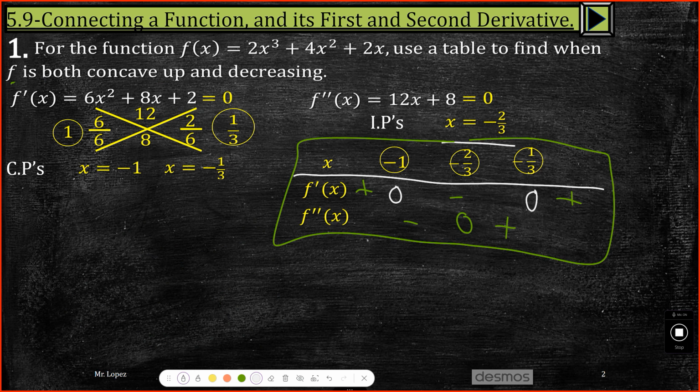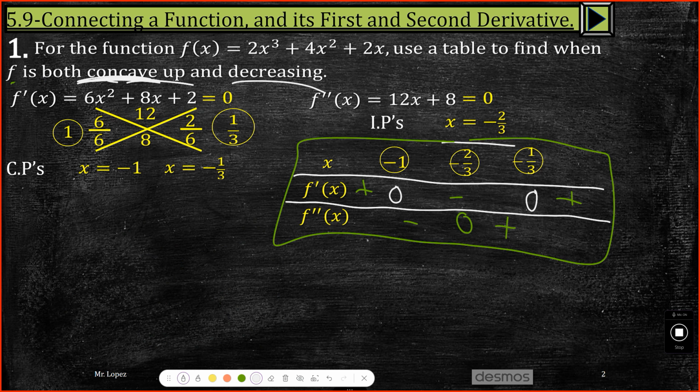Look, it's negative. So what do we want? We want concave up and decreasing. Where is it concave up? What do we look for in concave up? Second derivative. So we're looking at this right here, the bottom one.